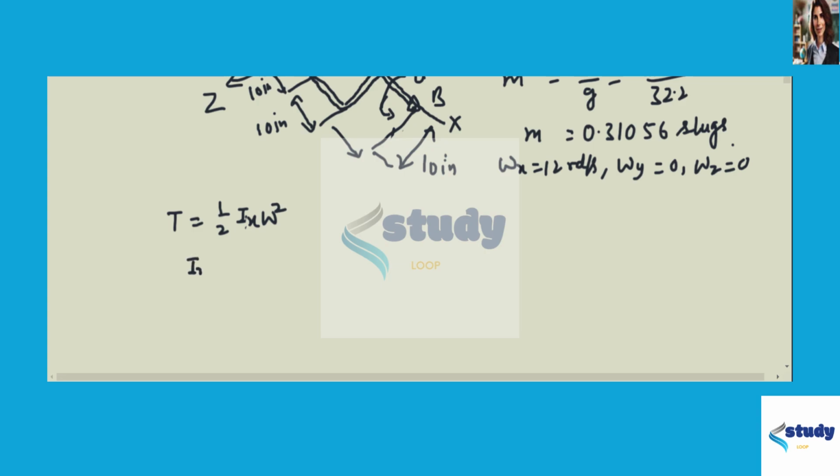Here Ix has the value 4 into 1 by 3 m' a square, plus 2 into m' a square, which is equal to 10 by 3 m' a square. It consists of 5 sections.